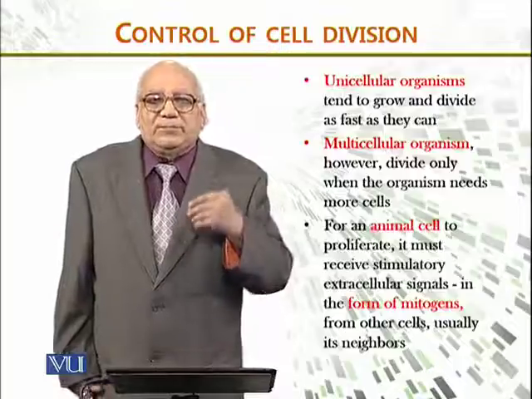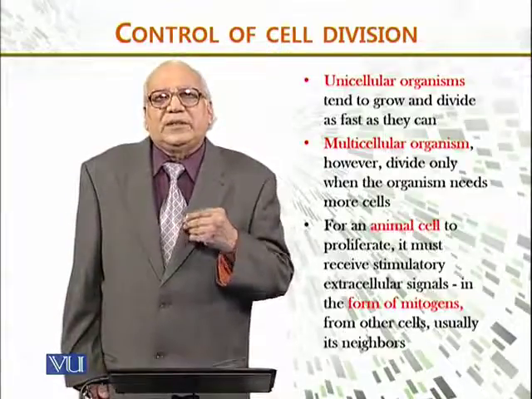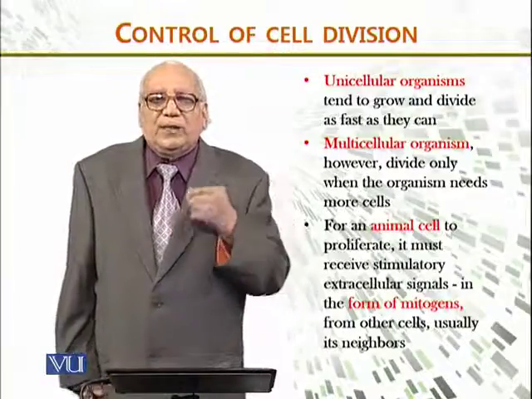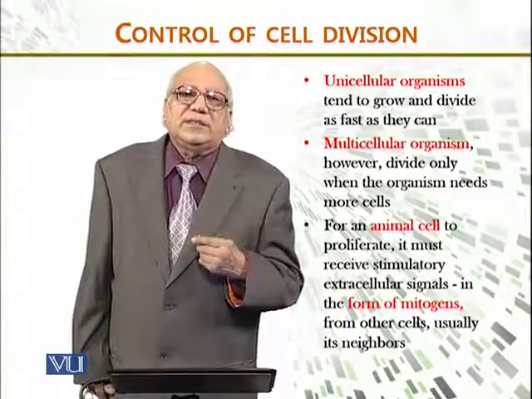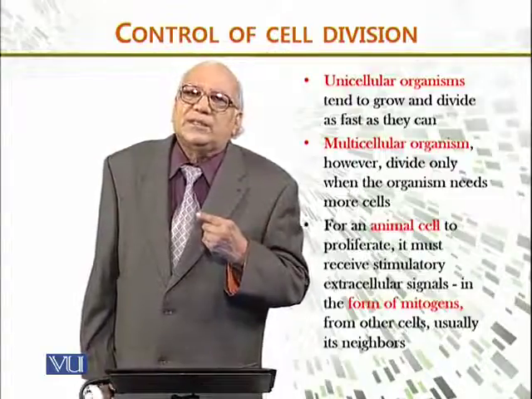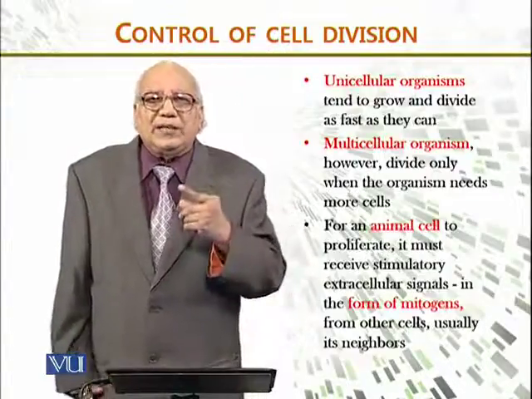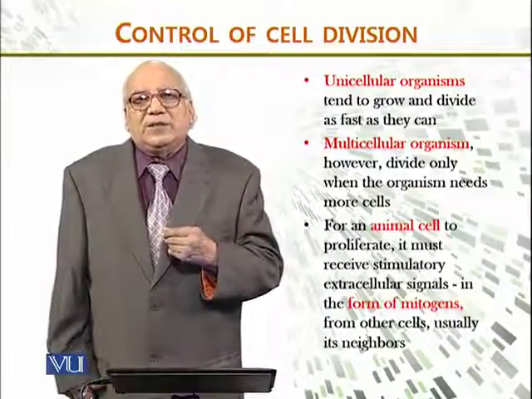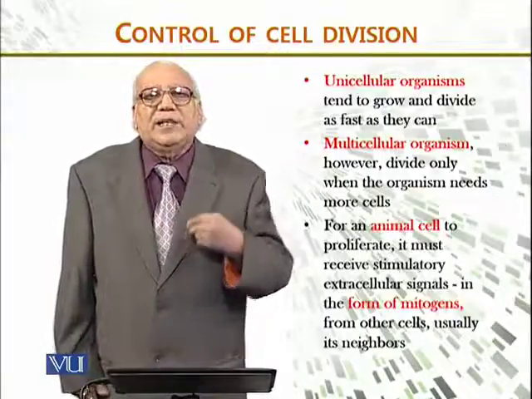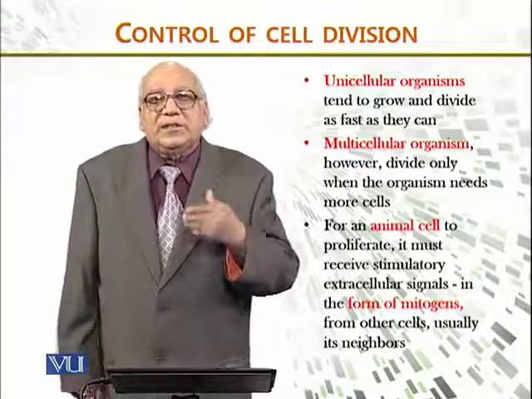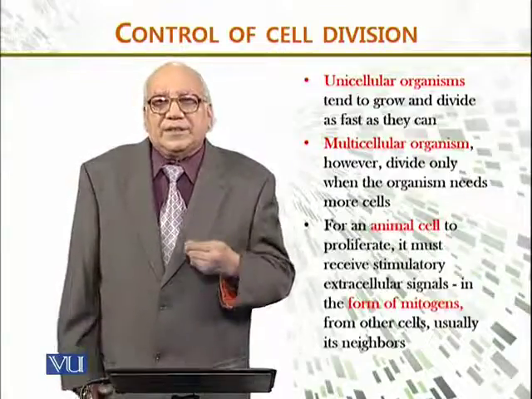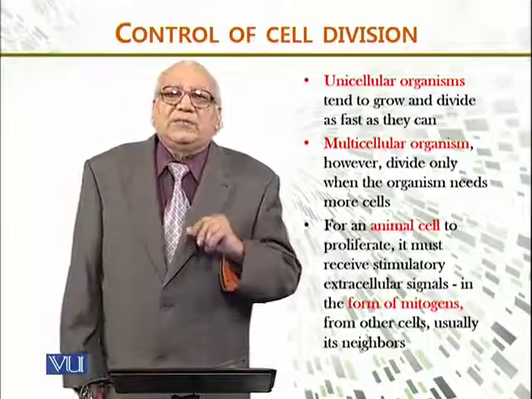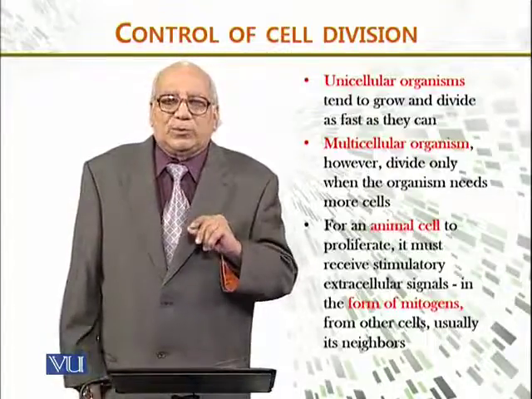But the multicellular organisms, जो कि ज़्यादा सेल से कंपोज होते हैं, divide only when the organism needs more cells. Otherwise, if the cells continue to grow, the organism becomes very large, just like think of a liver or kidneys or things like this. But there, the cells divide only when the organism needs more cells.